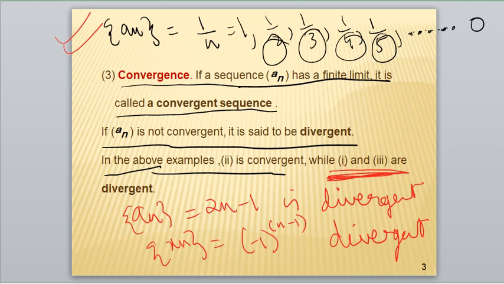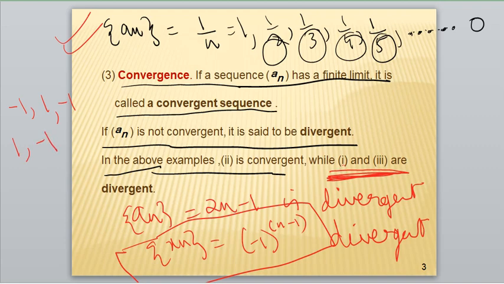Although this is an oscillatory function, oscillating between two values, so it is neither divergent nor convergent. But I don't know why they have written it divergent. Okay, but not to worry. You have to understand that this sequence will neither converge nor diverge. It will keep oscillating between -1, 1, again -1, again 1.